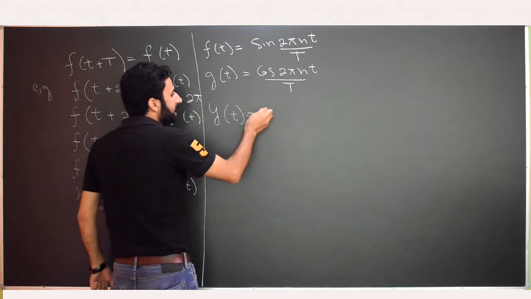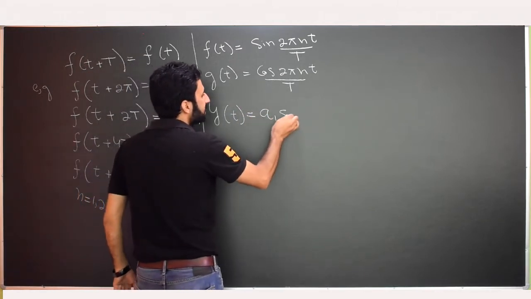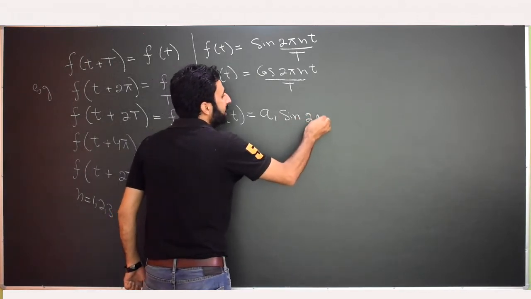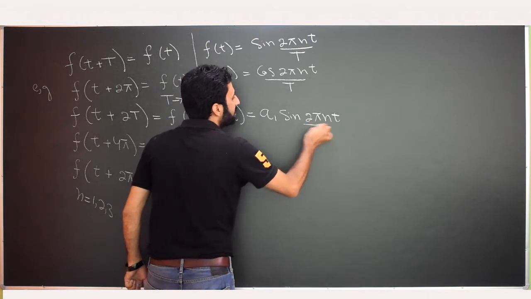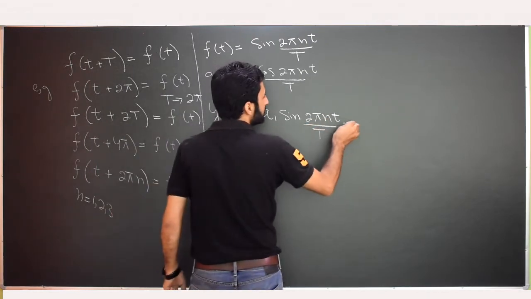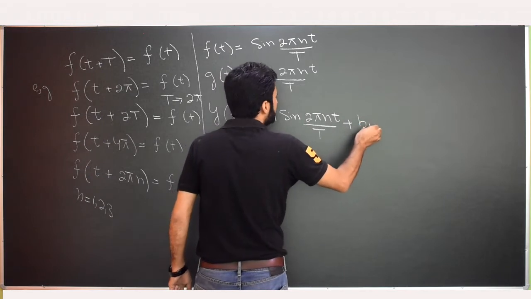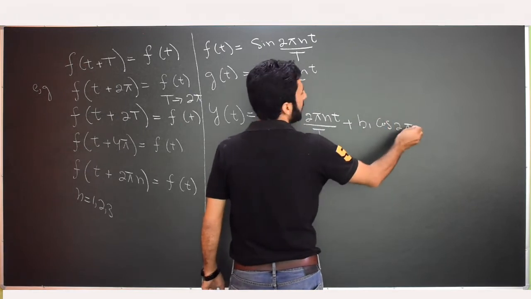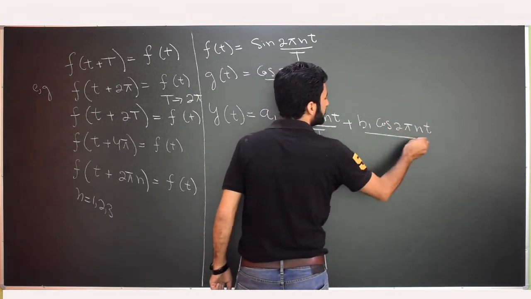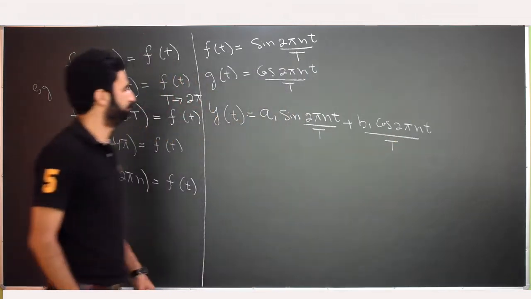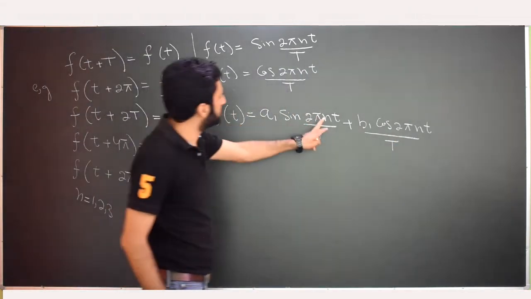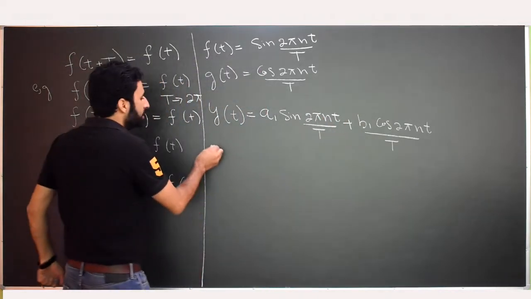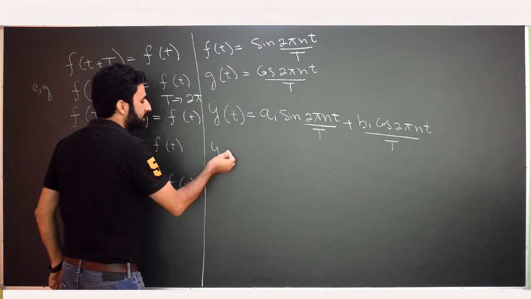We can write it like this: a1 sine of 2 pi n t upon capital T plus, let's give some other constant here, b1 cos of 2 pi n t upon capital T. So in general, if you start giving values to this n as 1, 2, 3, 4, you will have y like this.